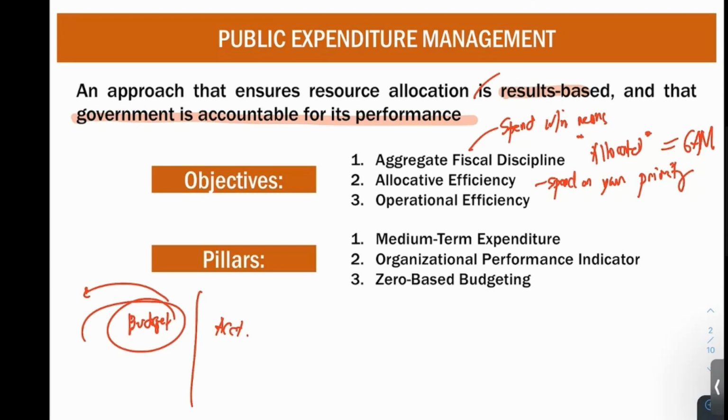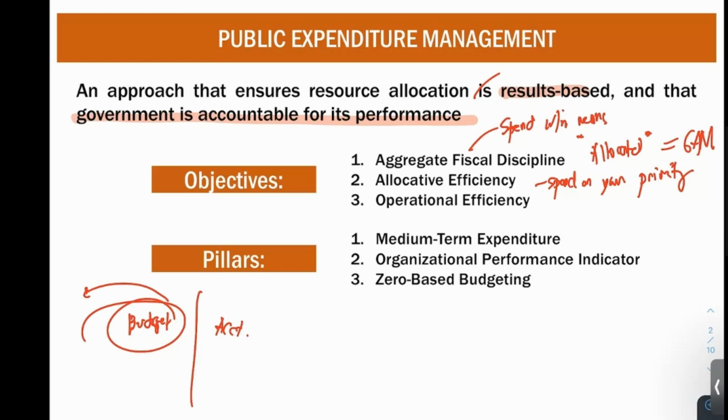What are the pillars of PEM? First is your medium-term expenditure. So medium-term expenditure, sometimes this is also known as a framework, medium-term expenditure framework. This enunciates that you link your planning, your policy, and your budgeting over your medium term.